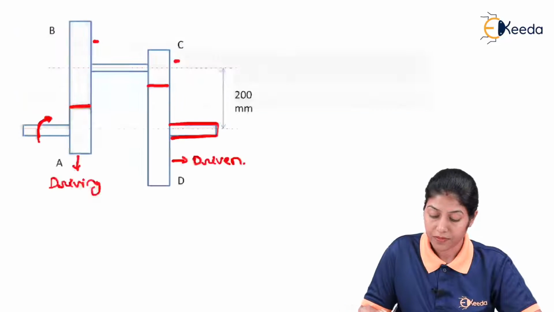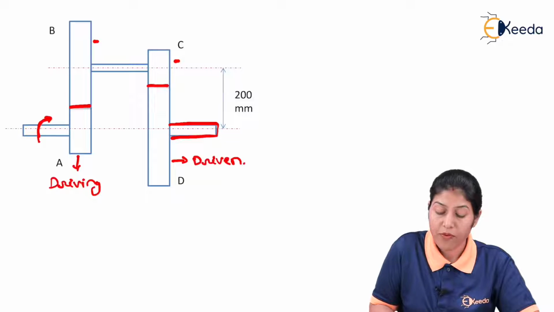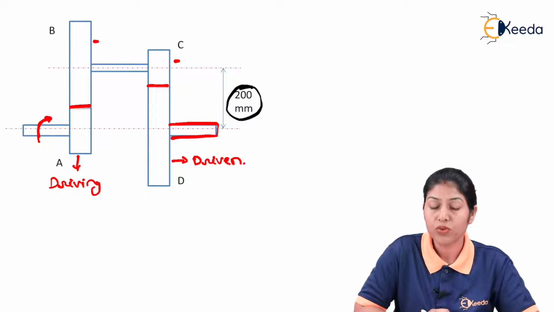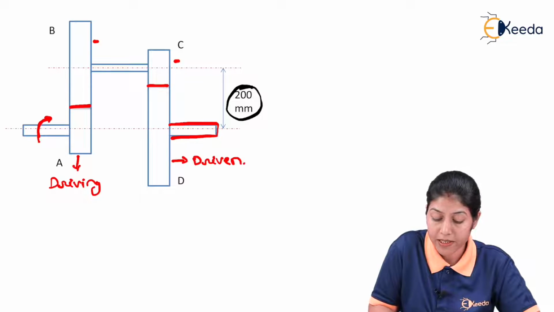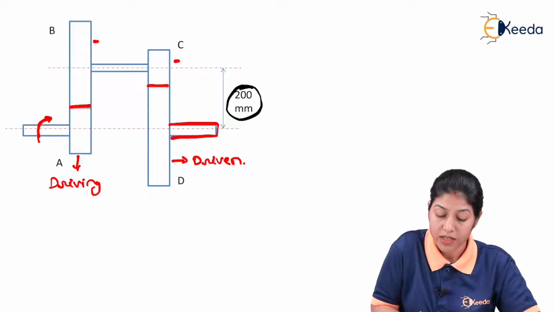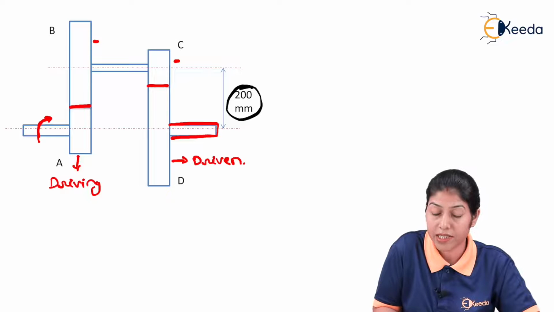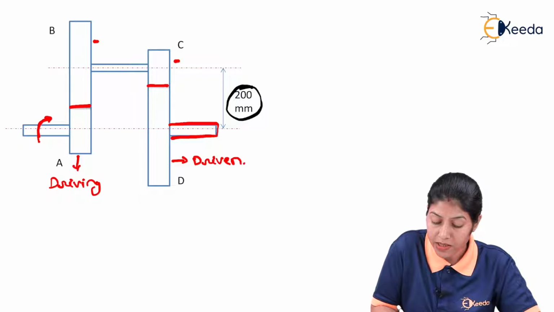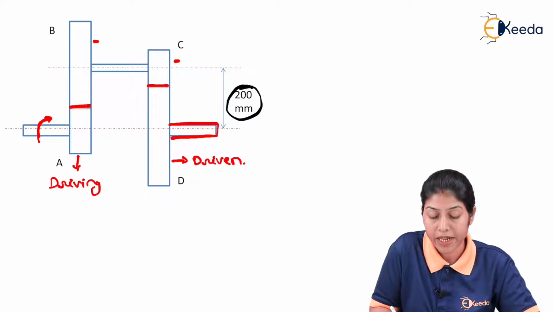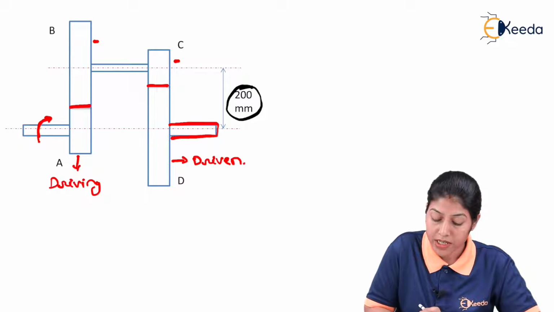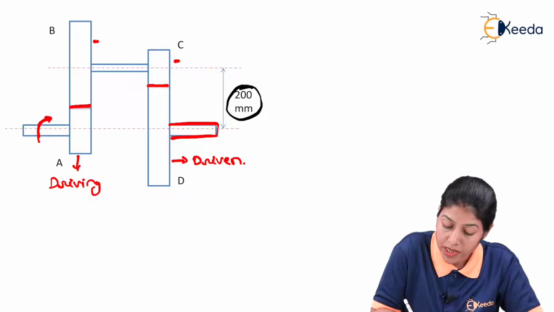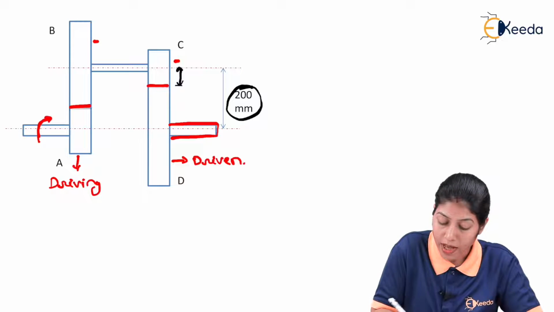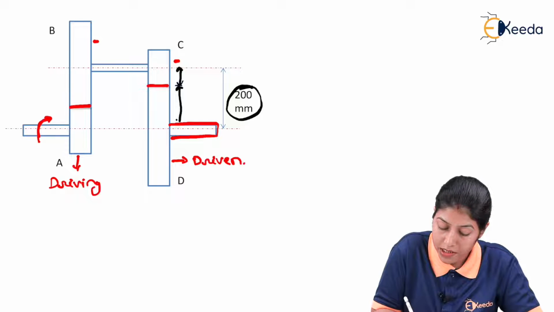for each gear. And in this diagram we have one more value that is representing 200 mm. So 200 mm is representing the distance between the axis of the shafts, that is the center distance. So center distance, or the distance between the axis of the shafts, is represented by x, and this center distance we can determine with the help of the radius of one gear and the radius of another gear.